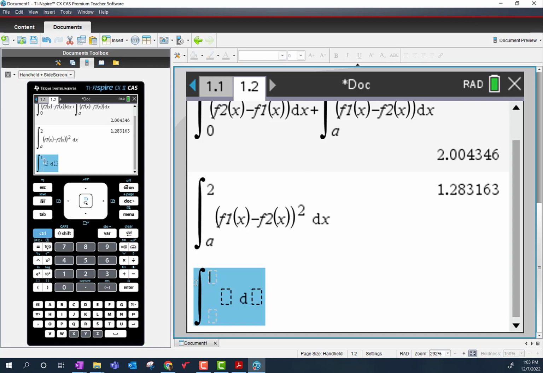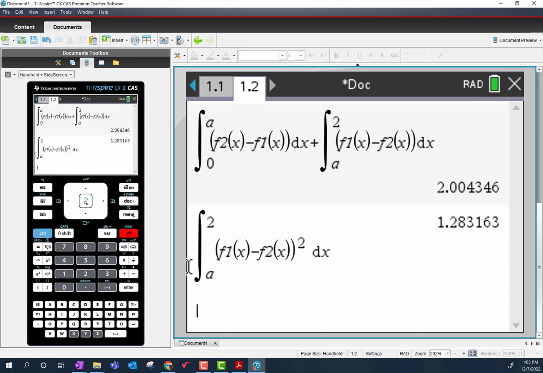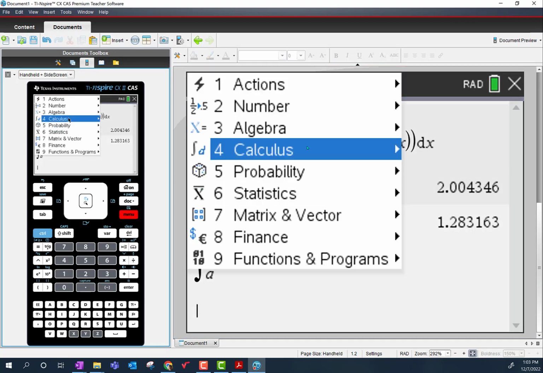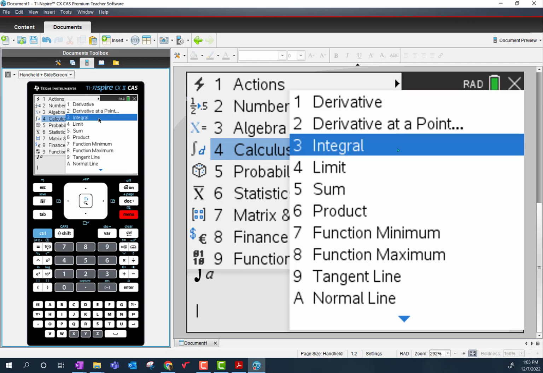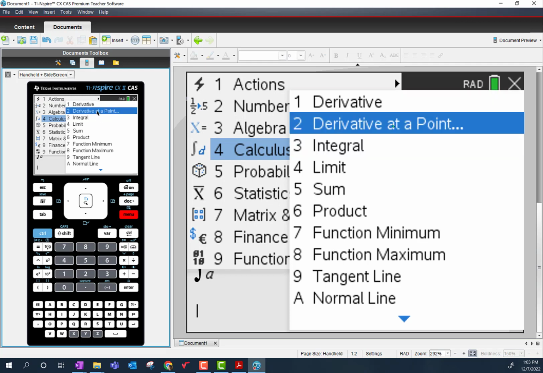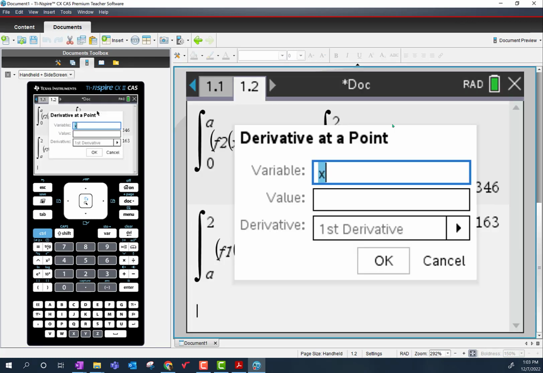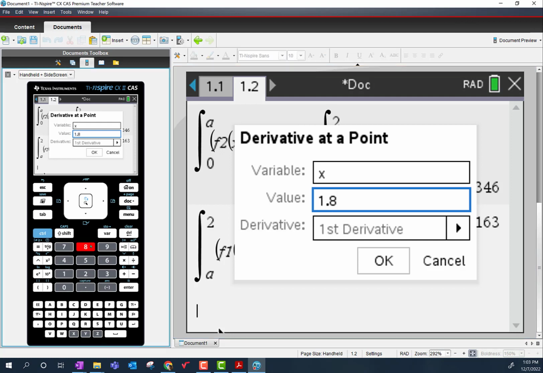Oh my gosh. Okay, let's try this again. So menu, calculus. There we go. We want derivative at a point. That's what we want, derivative at a point. The variable is x. We want it to be at 1.8. We want the first derivative.